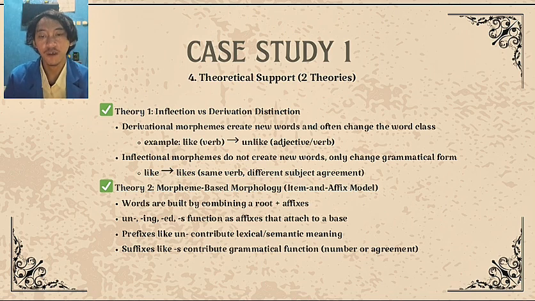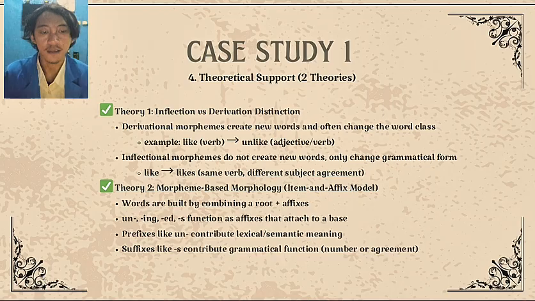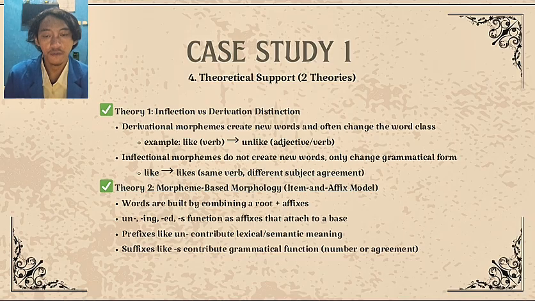The first theory, inflectional versus derivational distinction. Derivational morphemes create new words and often change the word class. Example: like is a verb and unlike is an adjective or verb. Inflectional morphemes do not create new words, only change grammatical forms. Like becomes likes, same verb, different subject agreement.